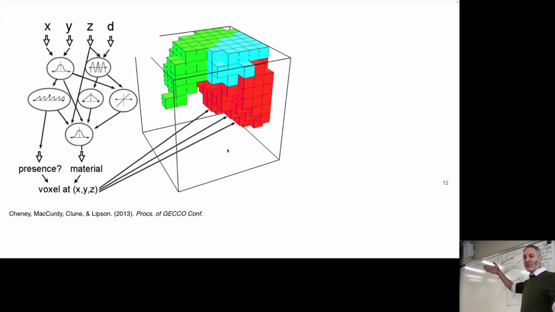As we visit each point in this cube and feed in the x and y and z coordinate, we'll ignore the d here for our purposes today. We feed in x, y, and z. If the value that arrives at the output neuron is 0, we don't place a voxel there. If we visit a point inside this empty cube, we feed in its xyz coordinate, and the output is a 1, we do place a voxel there.